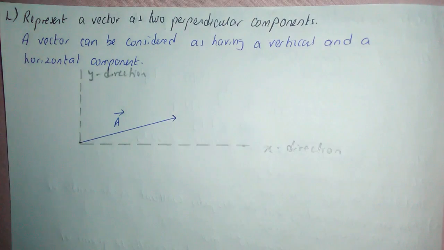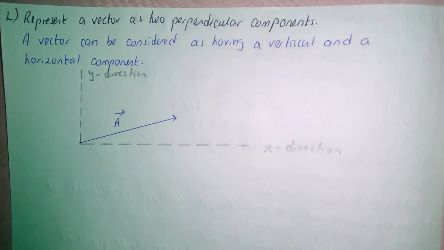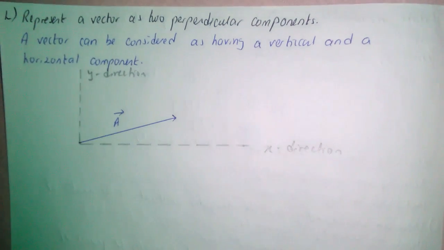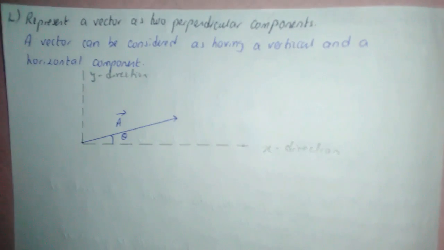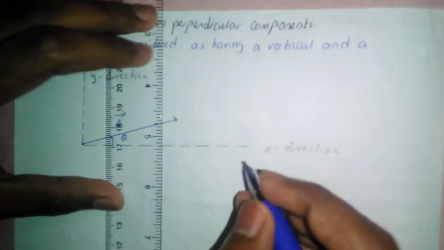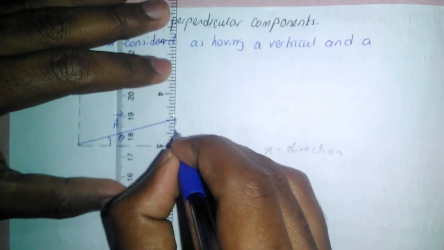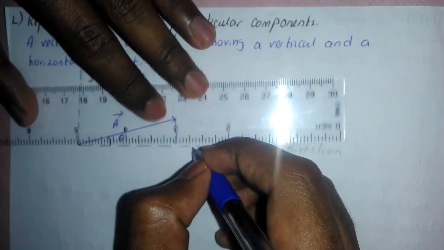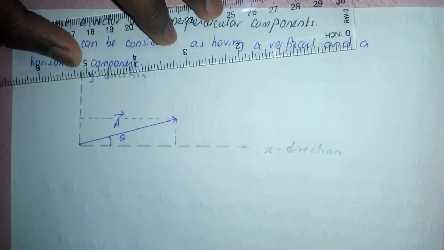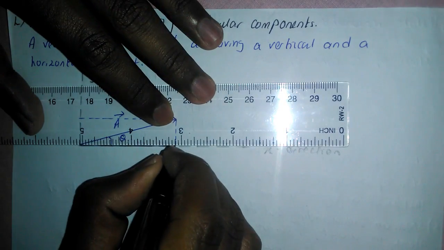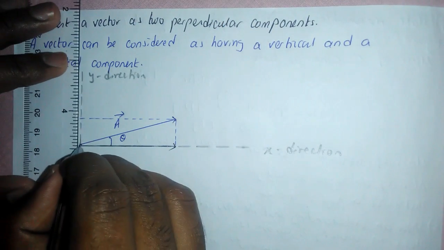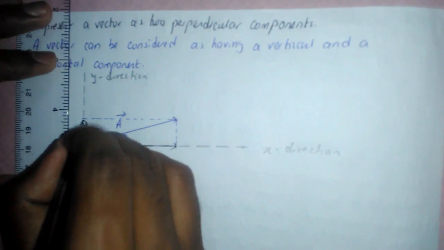So here are the axes, and in order to draw the components of this vector, we're going to say that this vector makes an angle theta with the horizontal. And I'm going to draw the horizontal component first, which is along this line here, and the vertical component is along the y direction. So this is your horizontal component, and this is your vertical component.